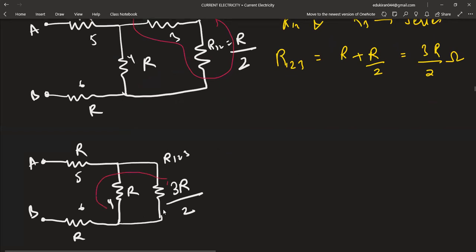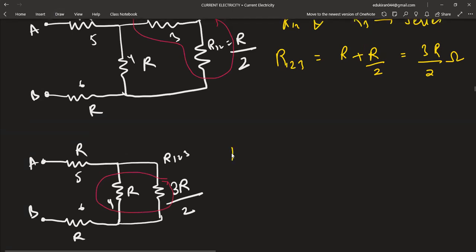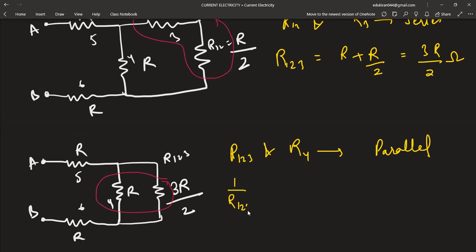Now further, these two are connected in parallel combination. So R123 and R4 are connected in parallel. So 1 by R1234 will be 1 by R123, which means 1 by 3R by 2, plus 1 by R.